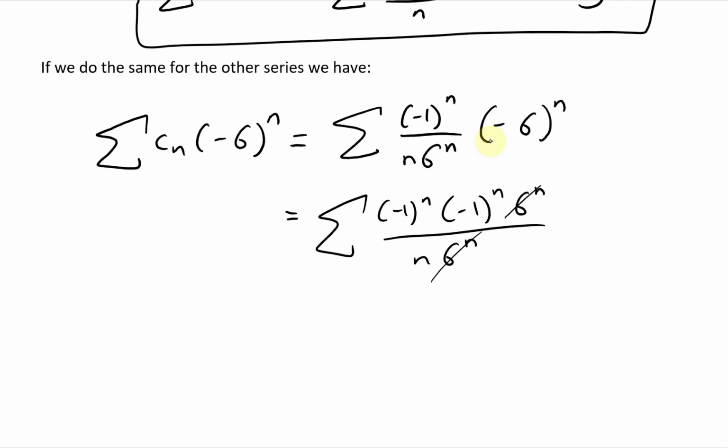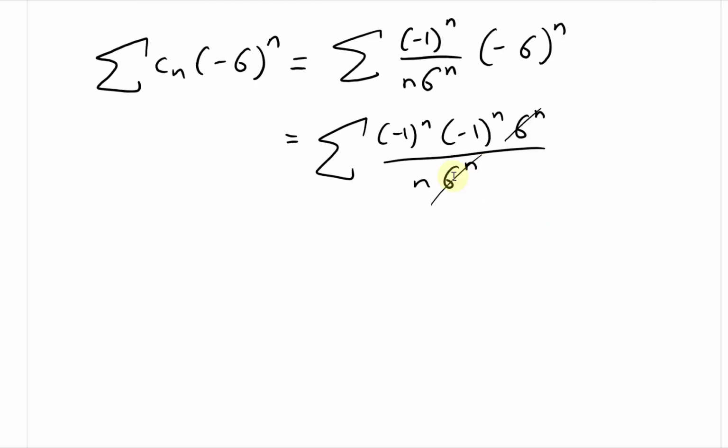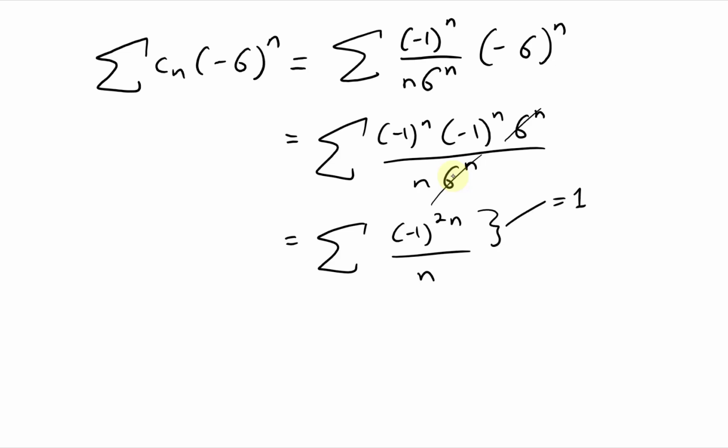Now this can be divided by n times 6 to the n, so the 6 to the n cancels, and now the negative 1 powers combine. You can combine or add the powers. So it's going to be the summation of negative 1 to the 2n over n, since n plus n is 2n. This part right here always equals 1 because you have an even power, 2n.